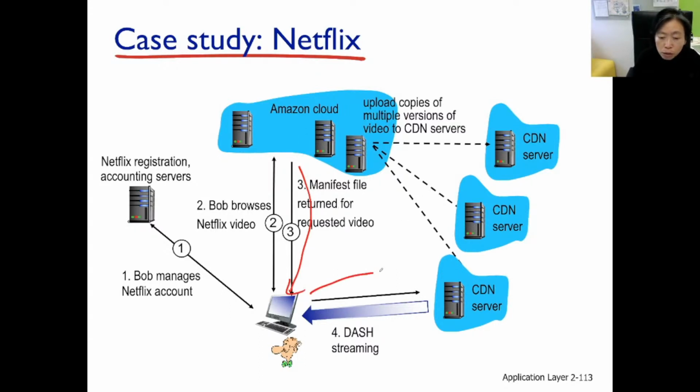And Bob will begin to fetch the video from the physical machine Amazon has set up to store that particular video, somewhat close to Bob. Last, the CDN server begins DASH over HTTP streaming of the video.